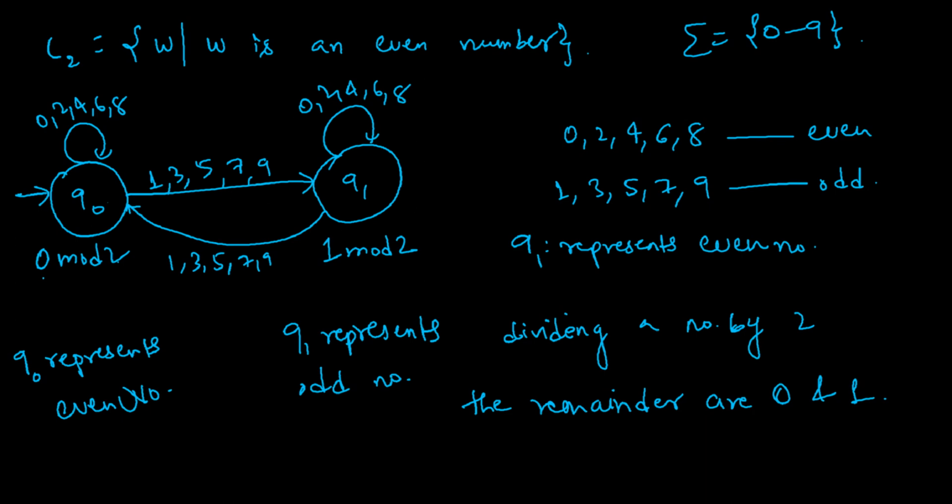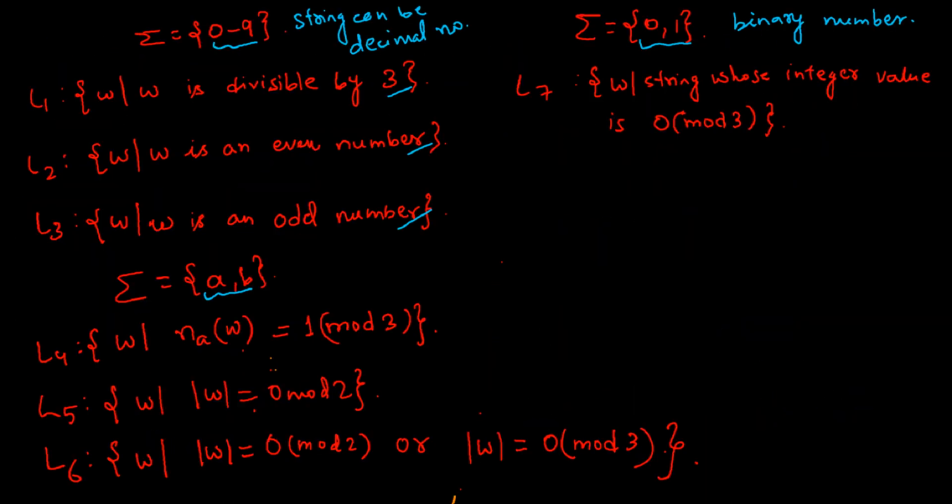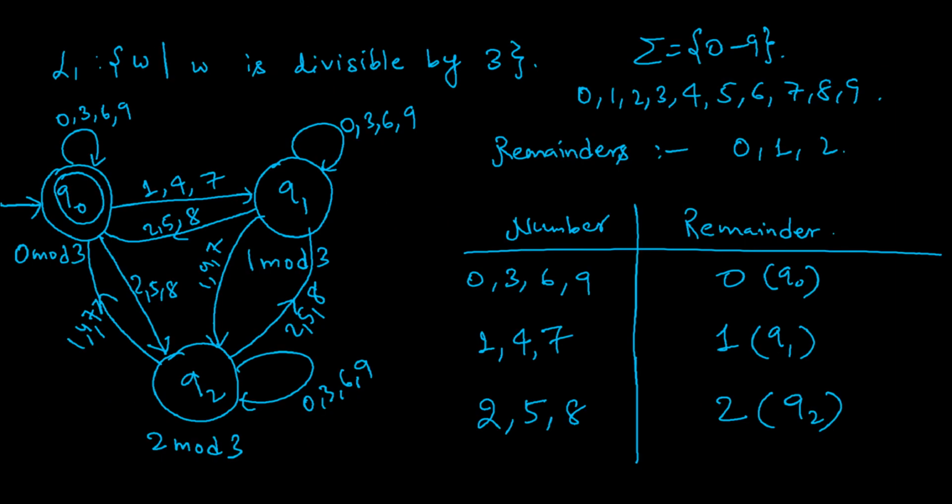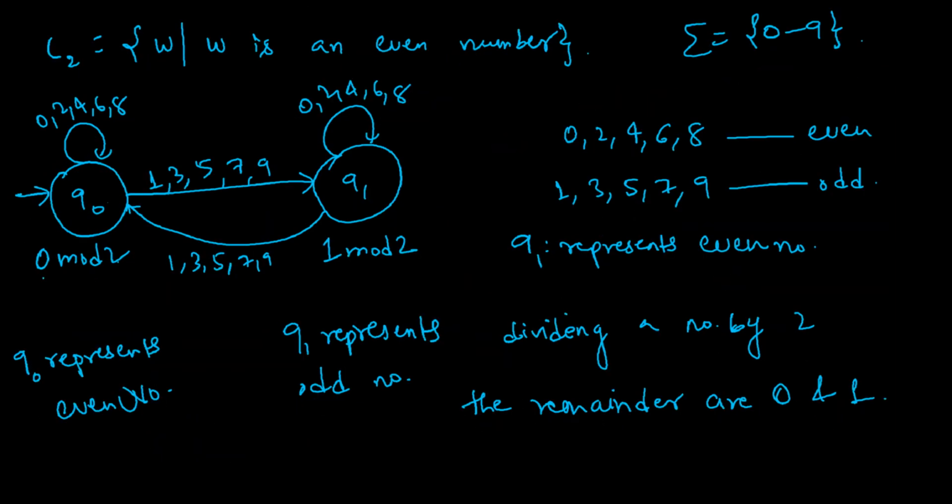What is L3? W is an odd number. Yeah, W is an even number when Q0 is a final state. If you have to make W an odd number, the same DFA would be used, but Q0 will be non-final.